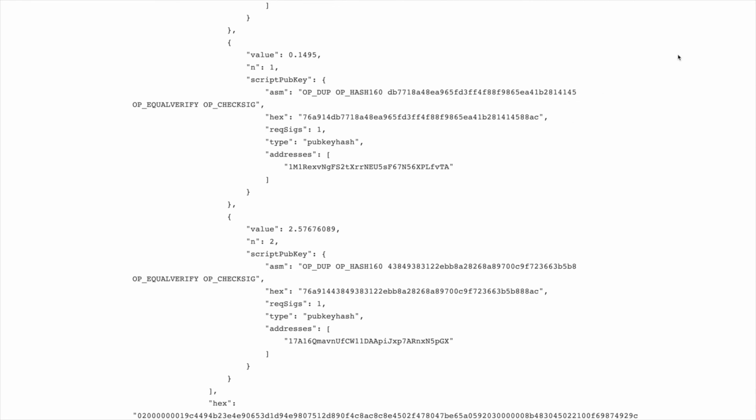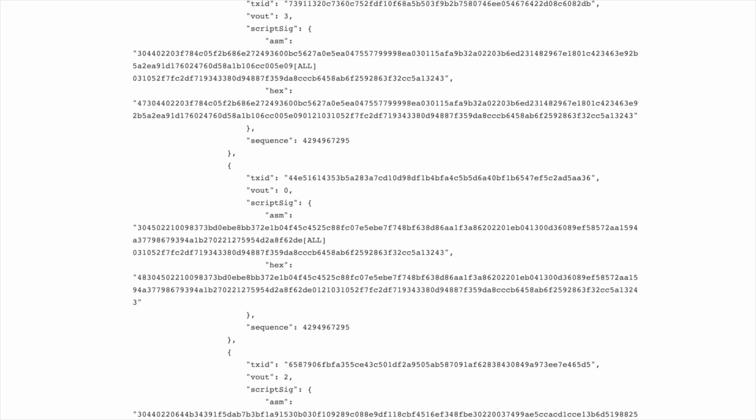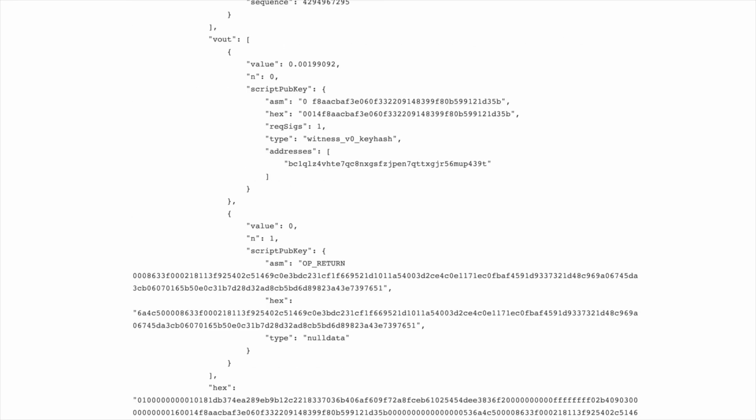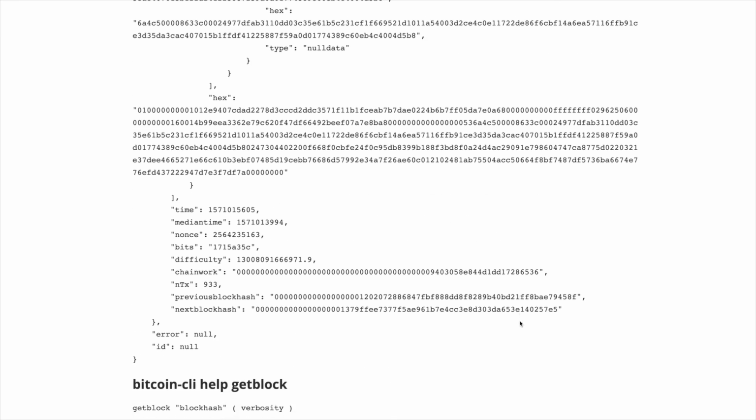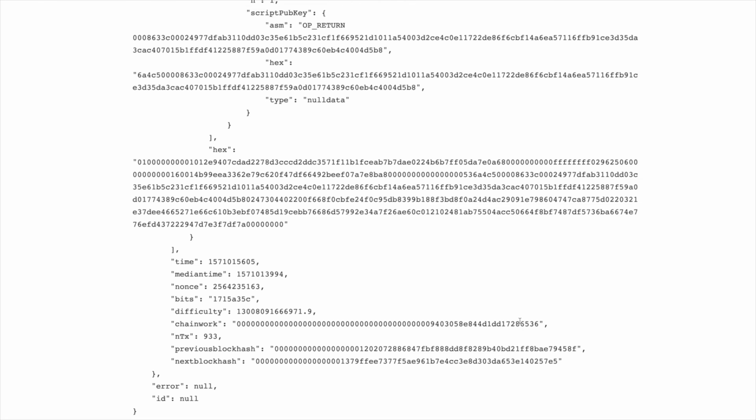And here comes a big list of the blocks. Let's see. It's really a lot of data. And this is the end. So this is the header. The median time is the median time of the previous, I believe, 10 or 11 blocks.